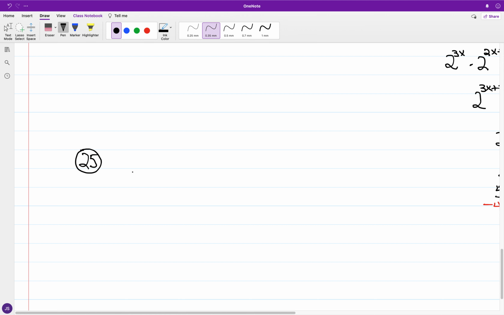For number 25, we have the principal, which is $3,000. And R is equal to 10%, and we're going to express it as a non-percent decimal.